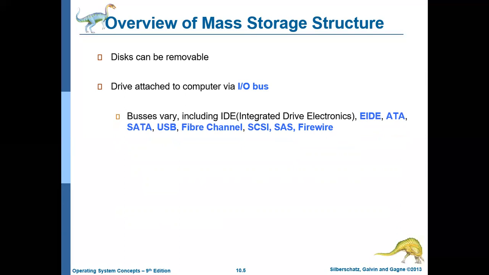Next we had EIDE, enhanced integrated drive electronics, then ATA, advanced technology attachment, then SATA, serial advanced technology attachment, and then USB, universal serial bus, fiber channel, SCSI, small computer system interface, SAS, and Firewire. So these are some of the different technologies which are used to connect a hard disk drive with a computer.